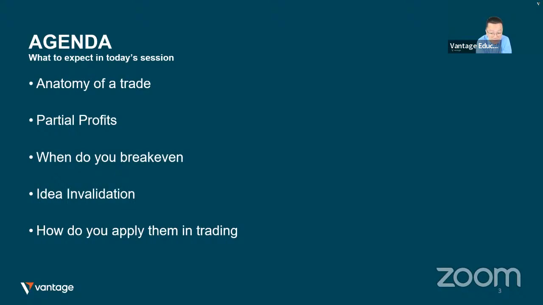Where do you even start considering closing out partial profits? When do you break even, when do you start thinking about moving your trade towards a break-even level? The idea invalidation: when do you start thinking that your analysis might be wrong and you just want to get out of the trade as quickly as you can? And then how do you apply all of them into trading?